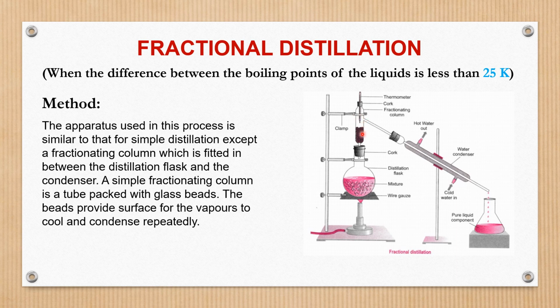That is why we put the glass beads. So first A vaporizes and comes to the fractionating column, and changes to liquid. From here it starts to change from vapors to liquid, and this liquid comes through the tube to the water condenser, and we can collect the A liquid here.